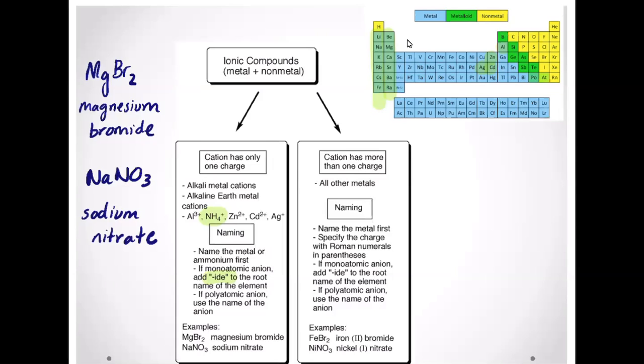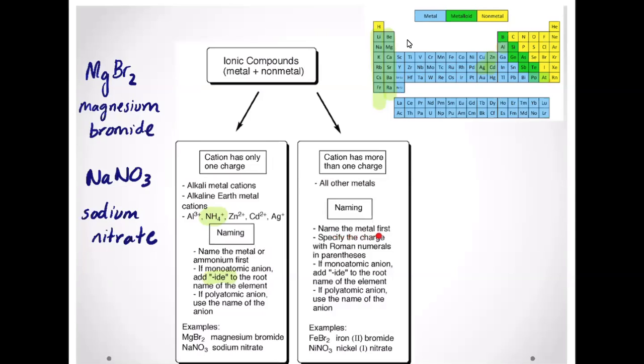Now let's go over the other type of ionic compound, when your cation can have more than one charge. That means everything else, which is all these other metals here in blue, your transition elements, or some under here, under the metalloid line. They're going to need a Roman numeral so that we know the charge of that ion.